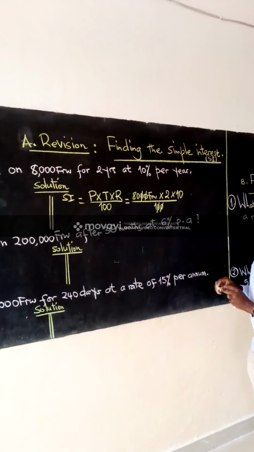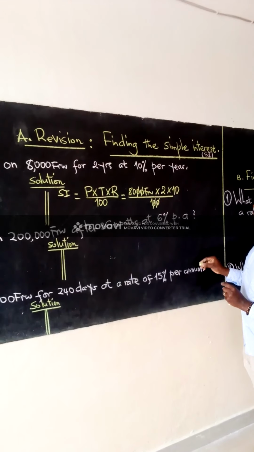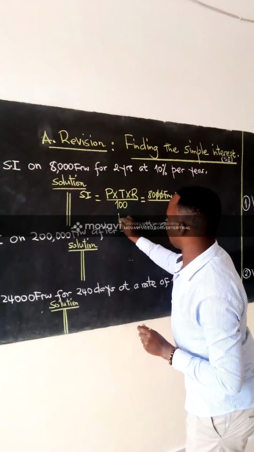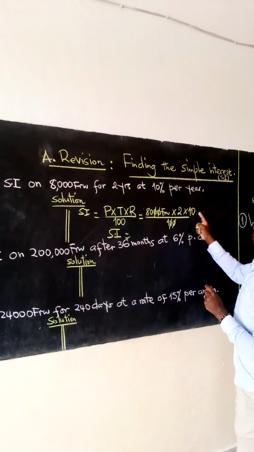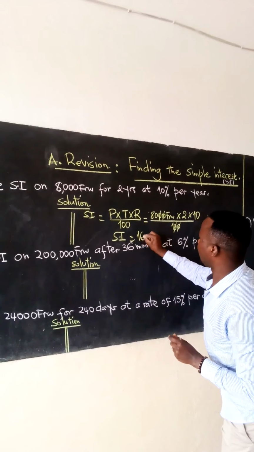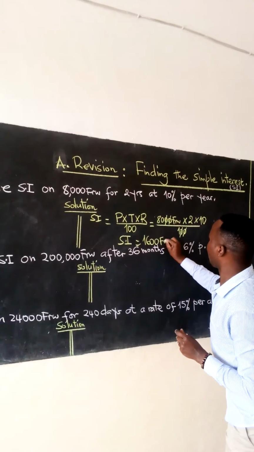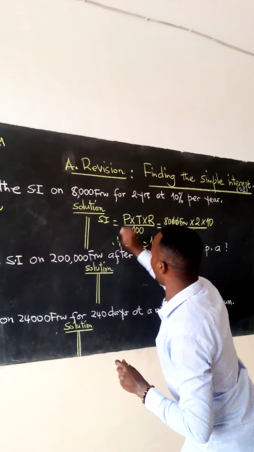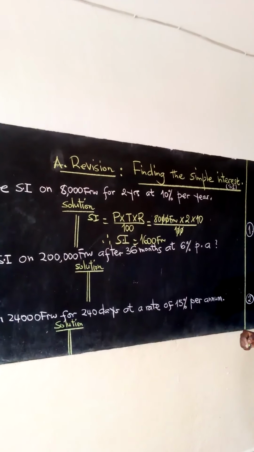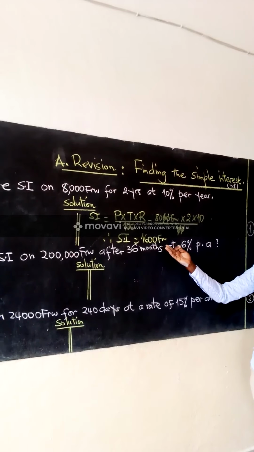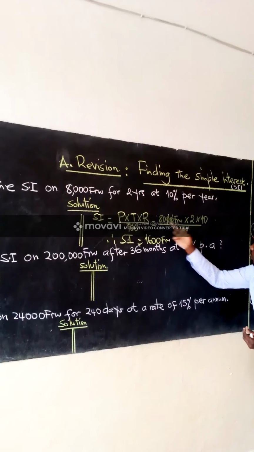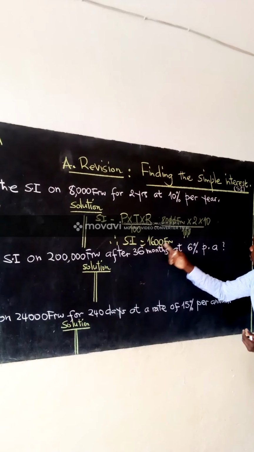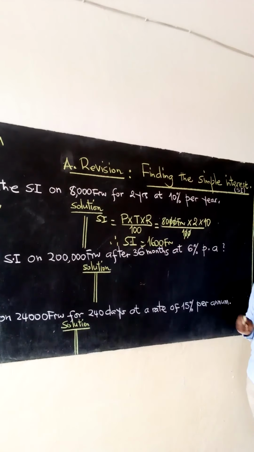What is left there? You can see that it is 1,600 francs. Therefore, the interest is 1,600 francs. You people check below. We have 1 zero, another zero here, we have 2 zeros, times 16. We are right.